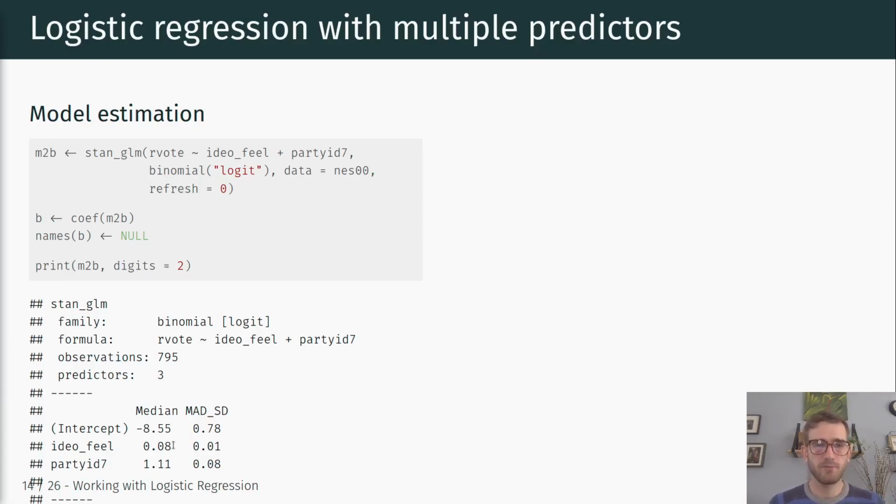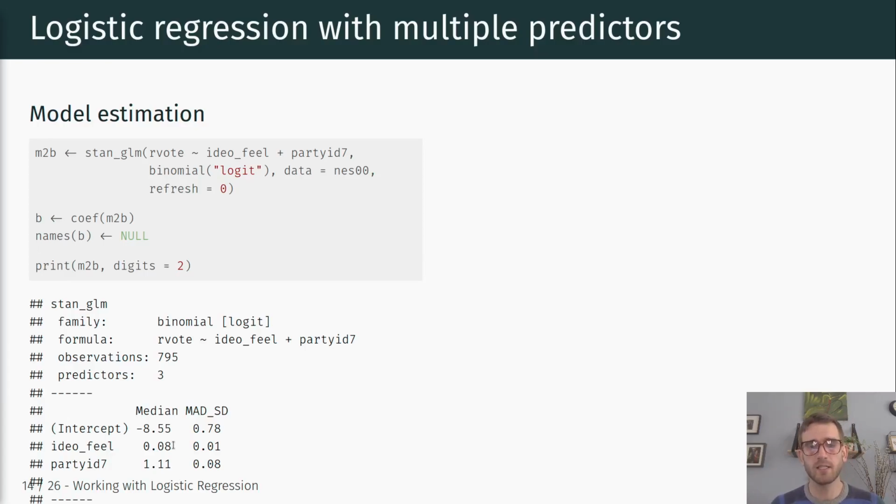Same for party identification, although here the coefficient itself seems a lot larger, right? But we have to take into account the underlying scaling of the variable. Party identification is just scaled on a 1 through 7 scale. So a 1 unit increase in that variable is much more substantial than a 1 unit increase in the feeling thermometer.